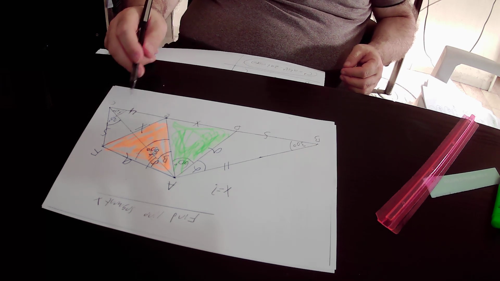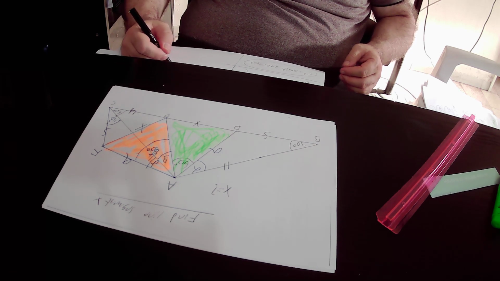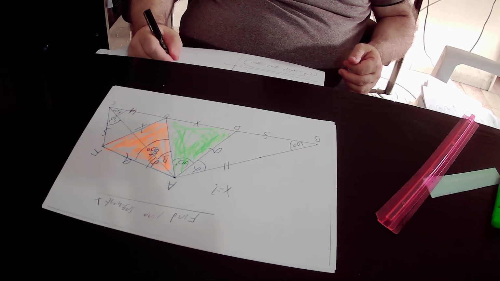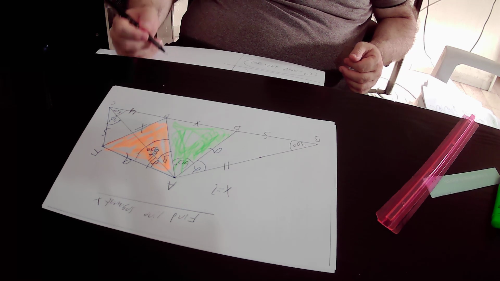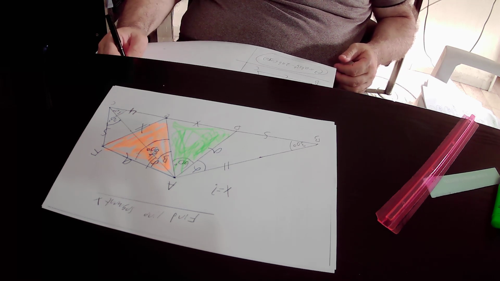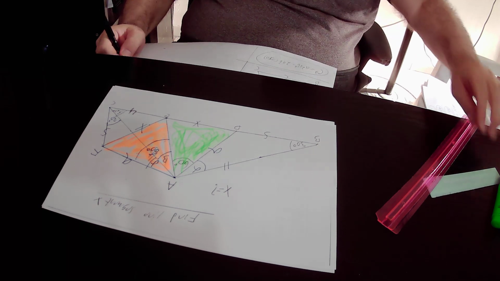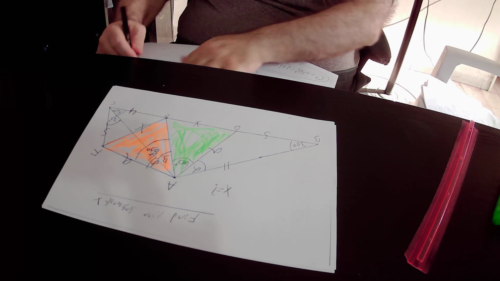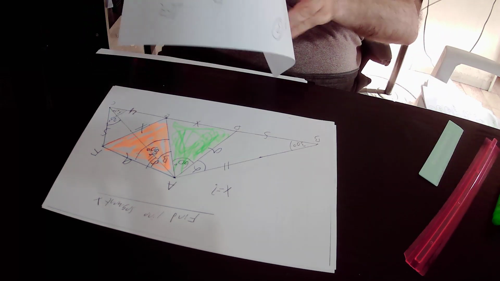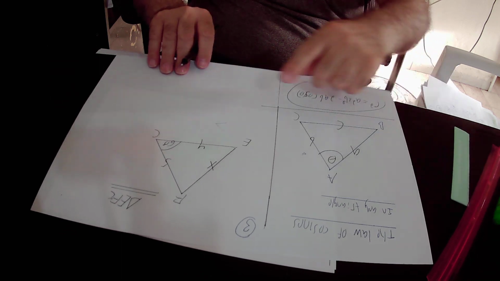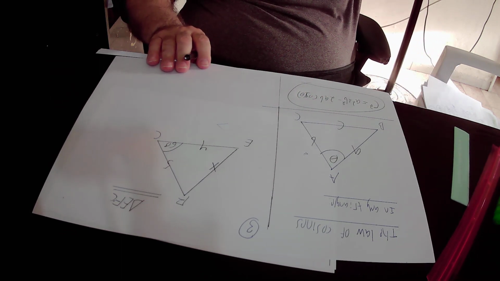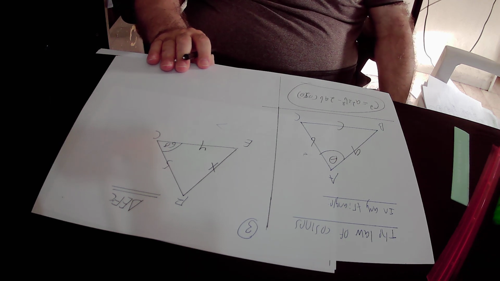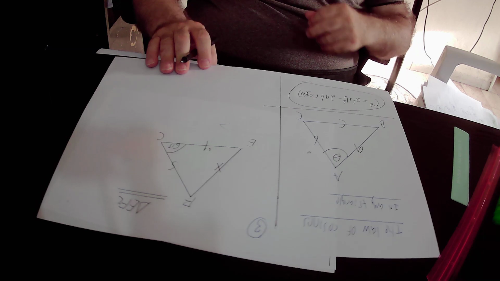Side EC equals 4 units in its length, according to what is given in the question. And we just found out that side EF equals x units in its length. So this is triangle EFC that I copied from the original drawing.